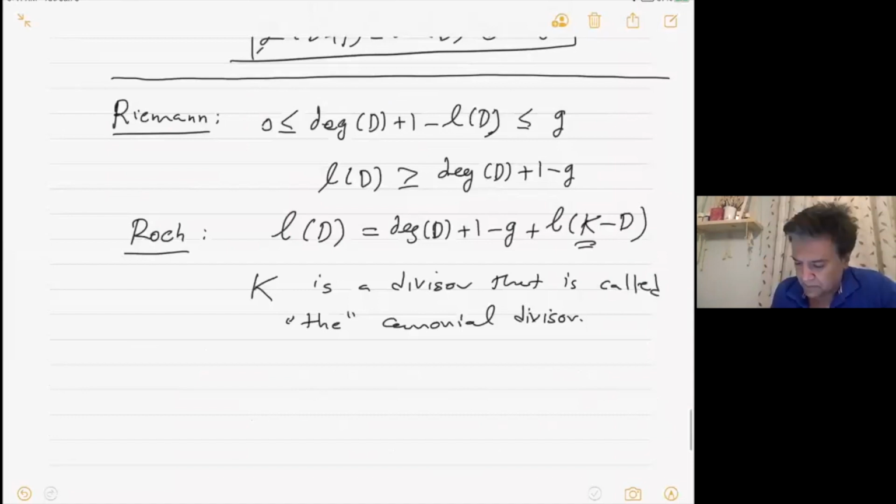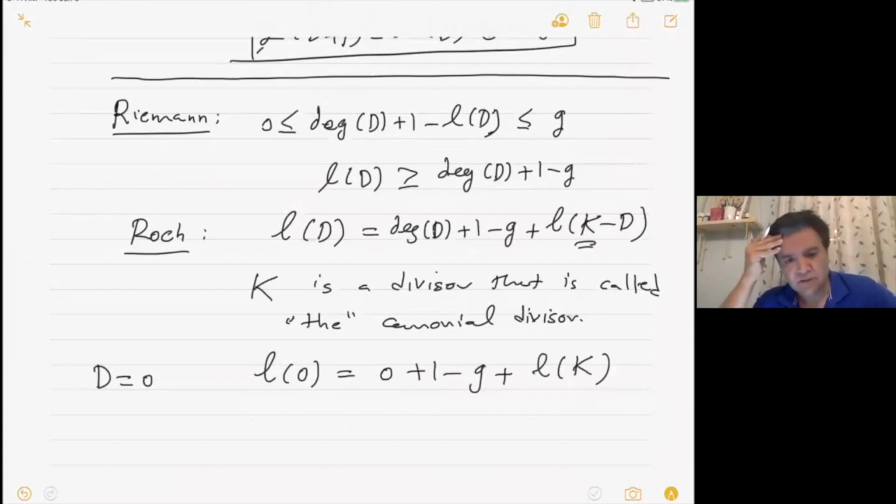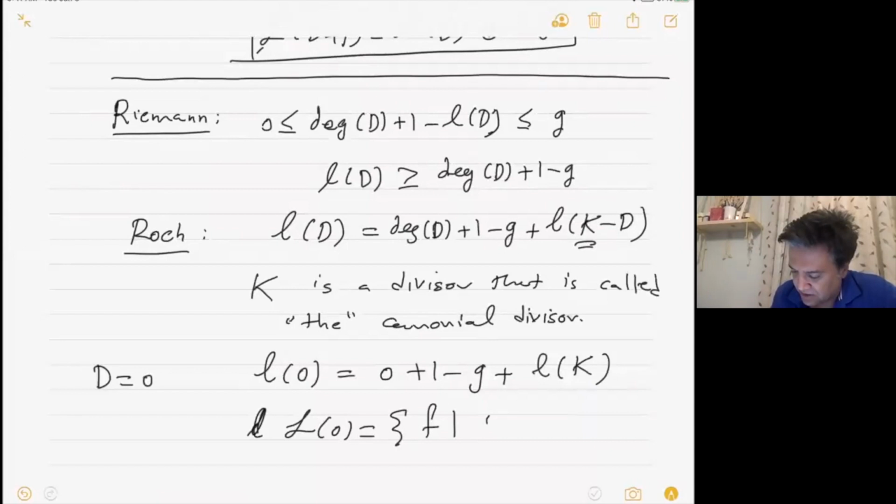First of all, if you let D be 0, let's see what happens. L of 0 is equal to 0 minus G plus L of K. Now, what is L of 0? I had to tell you about this, I forgot. L of 0 is the space of functions that are holomorphic on X, f such that ord P of f is bigger than or equal to 0.